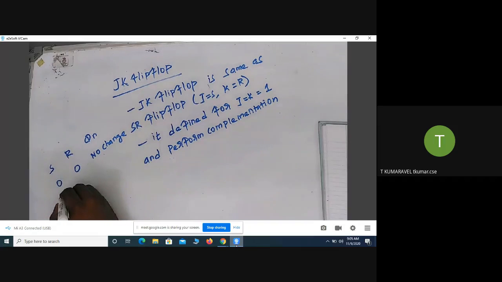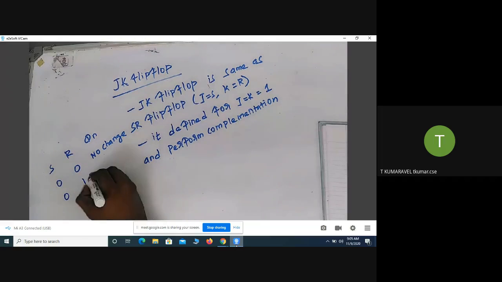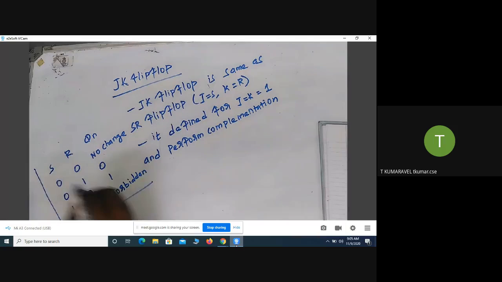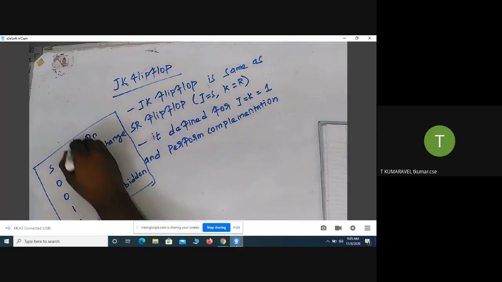If the input combination is 0 1, it is called the reset state. The meaning is that if the R value is equal to 1, the Q value is equal to 0. For the next combination 1 0, the output value is equal to 1. And for 1 1, that state is called the forbidden state. What is the meaning of the forbidden state? You are not encouraged to allow that input combination.